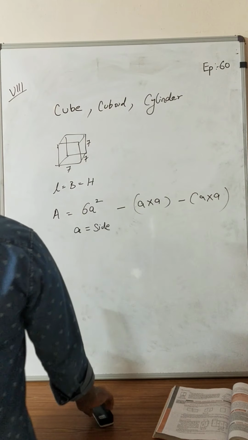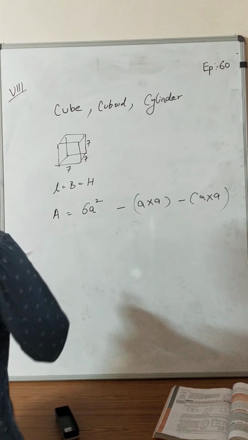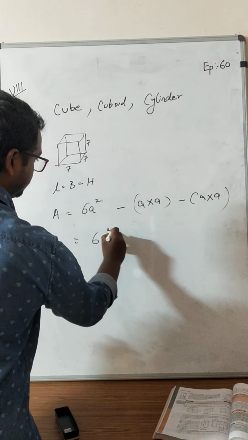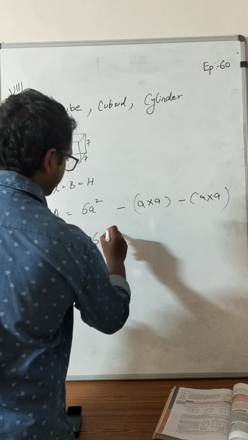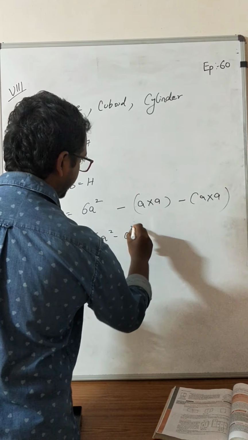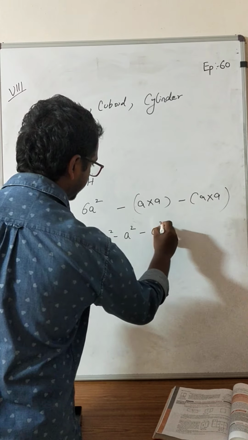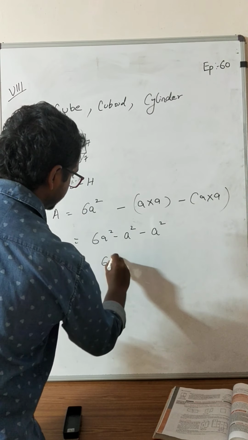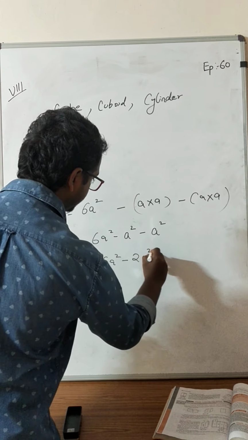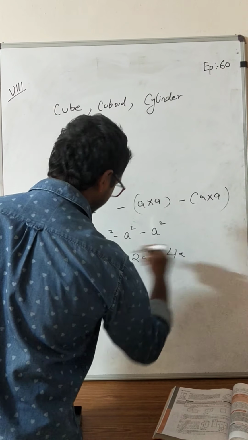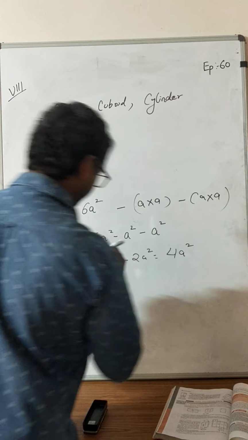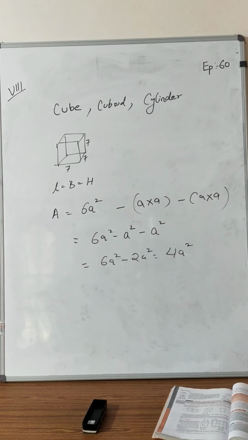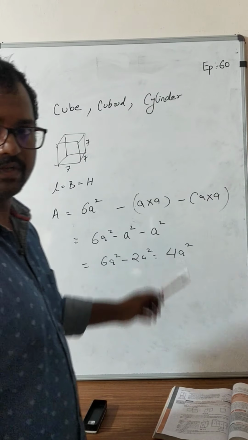So what we will get is 6a square minus a square minus a square, which is equal to 6a square minus 2a square, equal to 4a square. So the answer that you will get is 4a square.